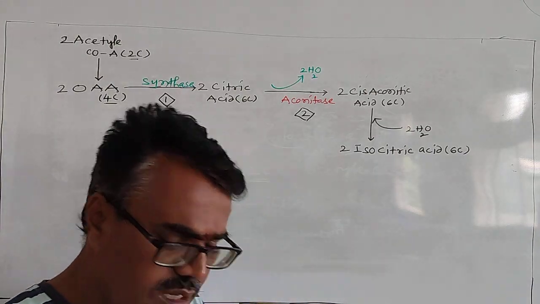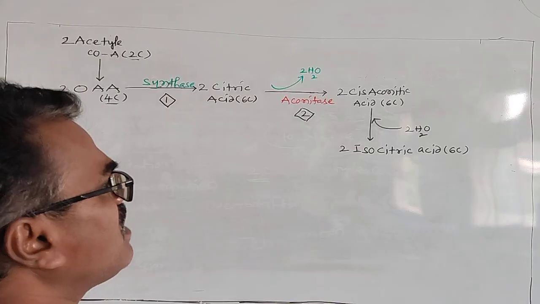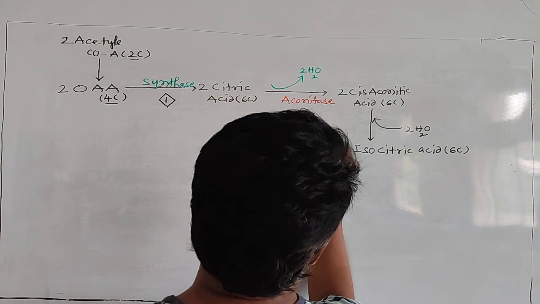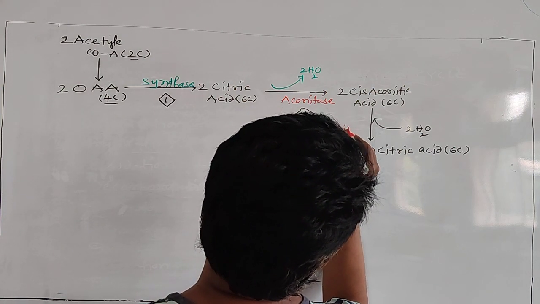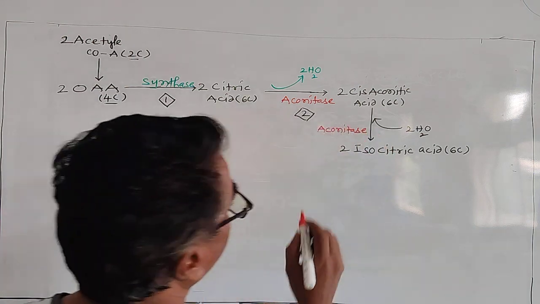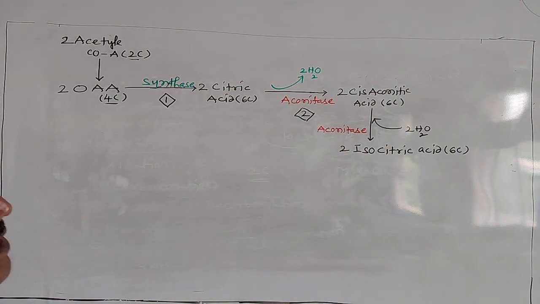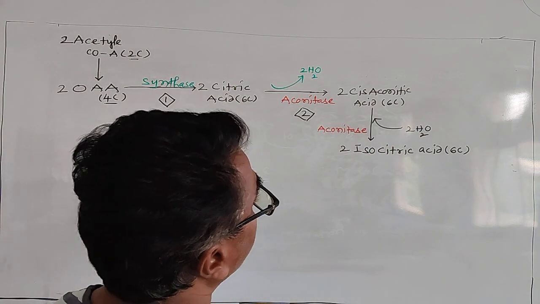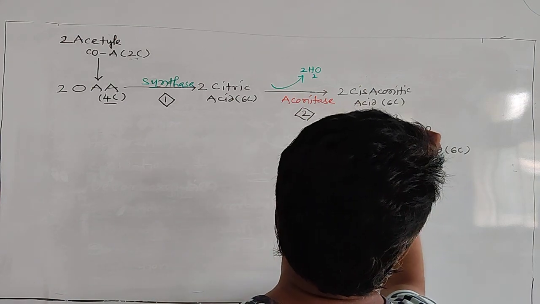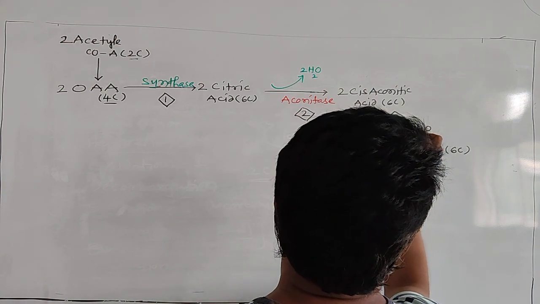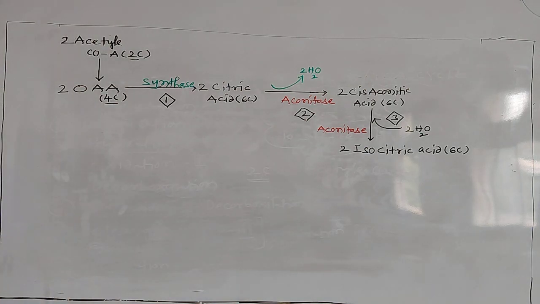Here also one enzyme is required, again aconitase. This is the third chemical reaction in the Krebs cycle.